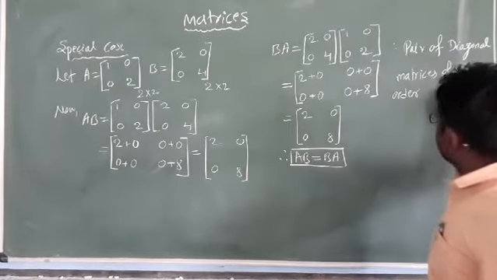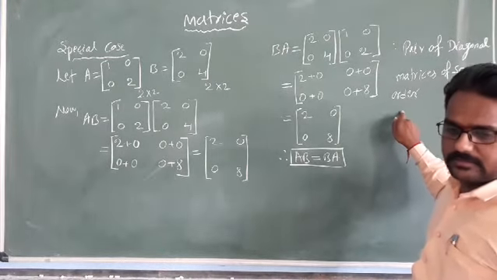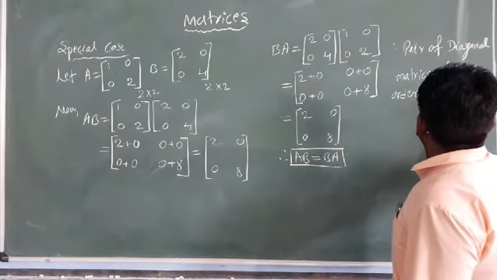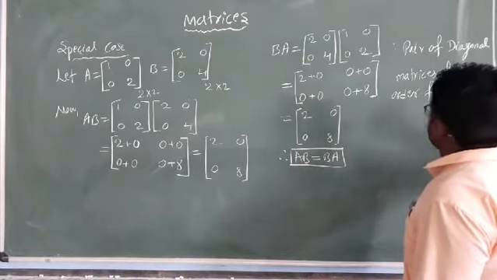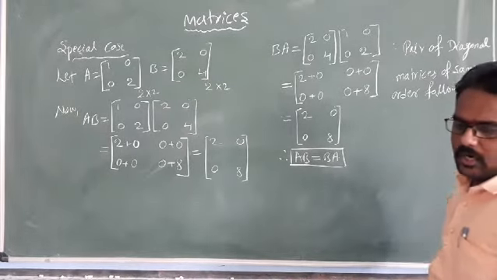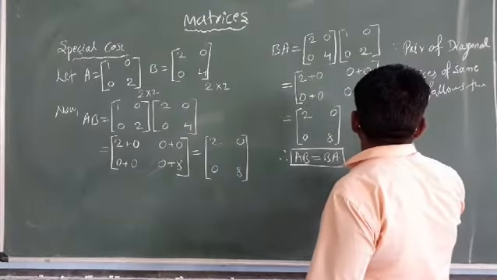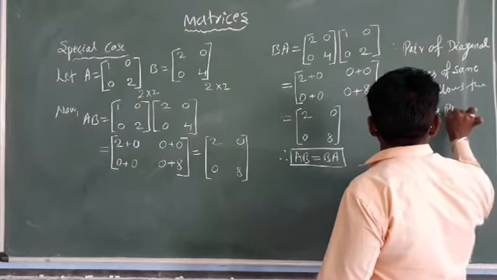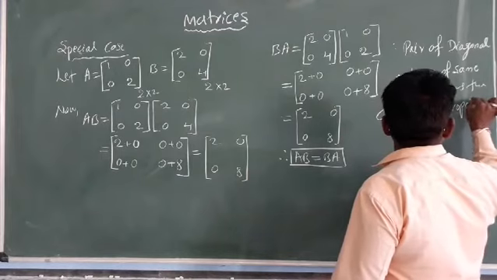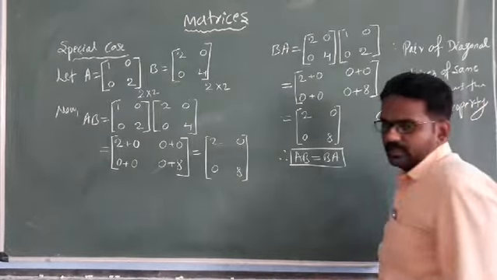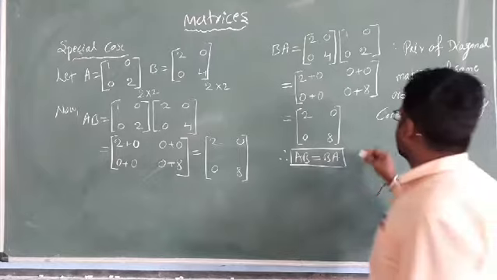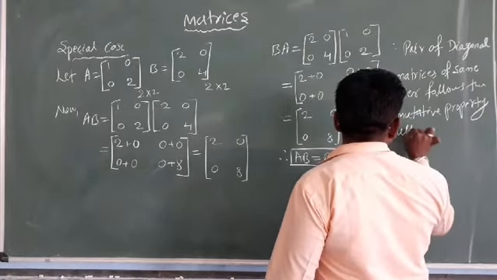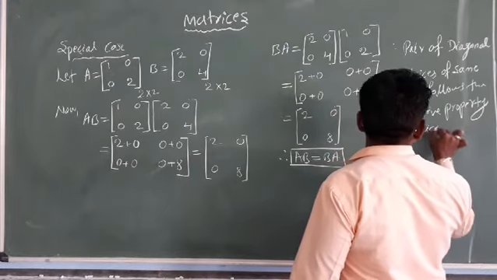A pair of diagonal matrices of the same order follows the commutative property in multiplication. This is the thing, students.